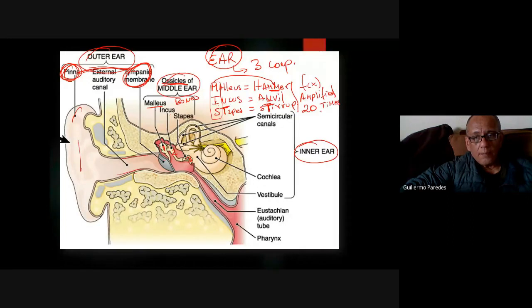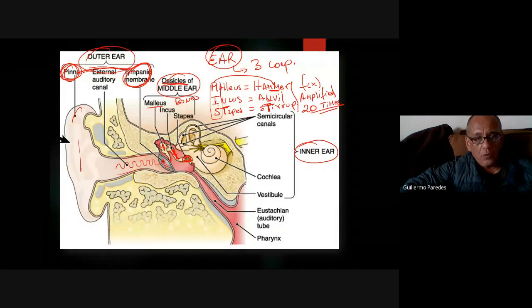So what happens? The sound is coming, and the tympanic membrane is going to vibrate. This vibration makes the malleus vibrate. This is the first one, malleus, M. This malleus makes the incus, or anvil, vibrate. And the other bone here is the stapes, or stirrup.